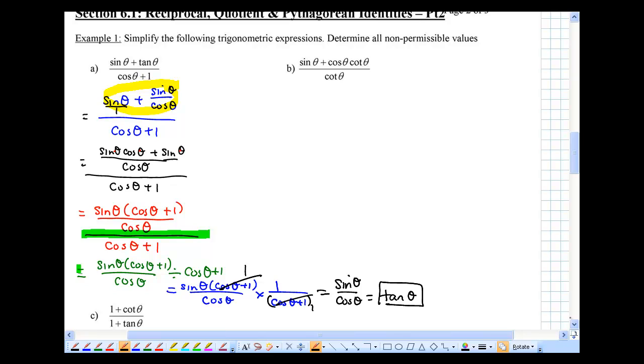Now, we have to do all these NPVs. So where do the NPVs come from again? Yes, denominators. Fractions. Denominators. So where do we see them? I see an NPV possibility right here. And I see another one right here. So 2 parts where there could be non-permissible values.